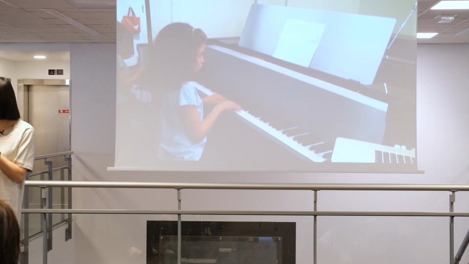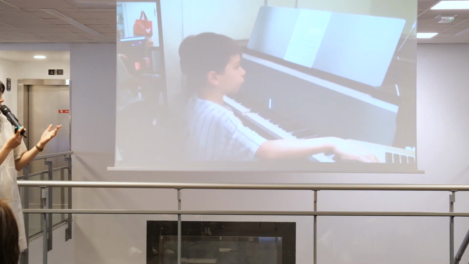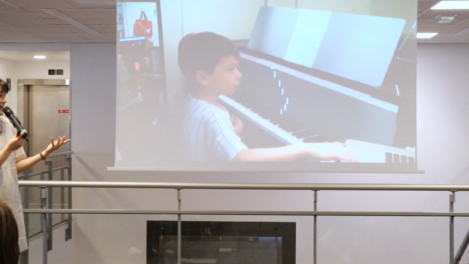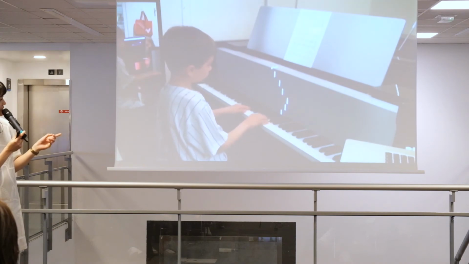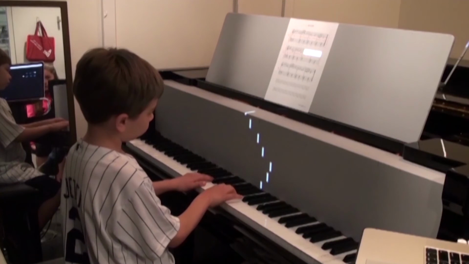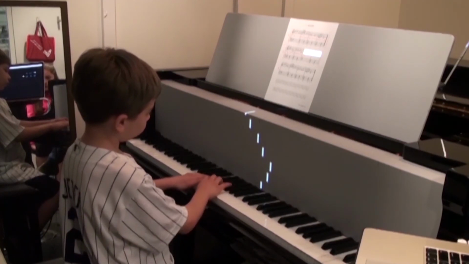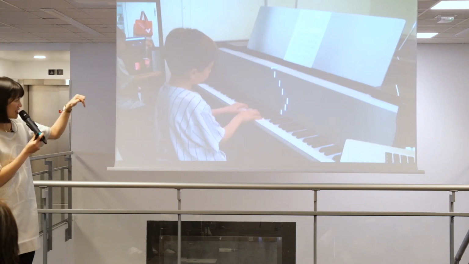Now, with the falling blocks, the kids had a pretty easy time getting used to it, and they enjoyed it. But if you look at how they play with it, they tend to focus on each individual note.